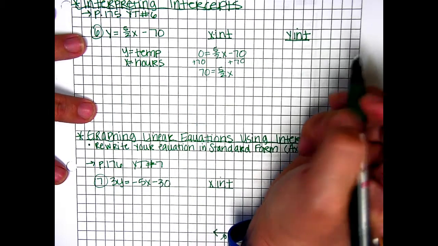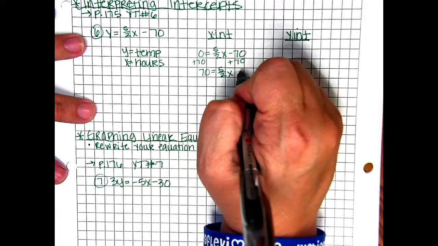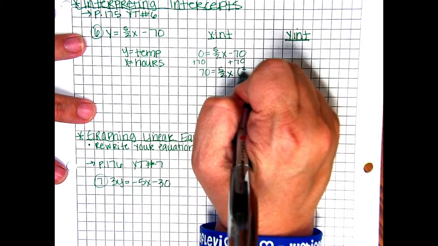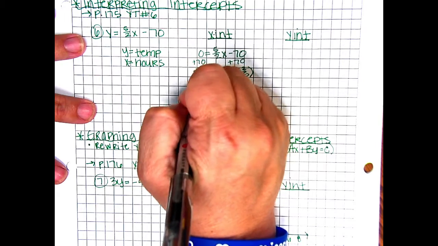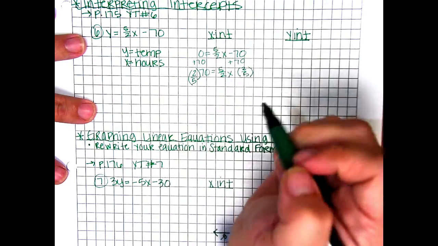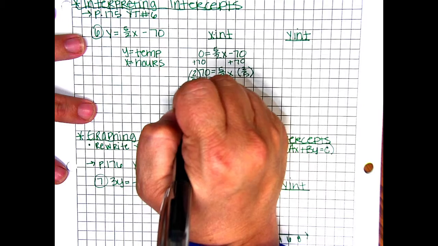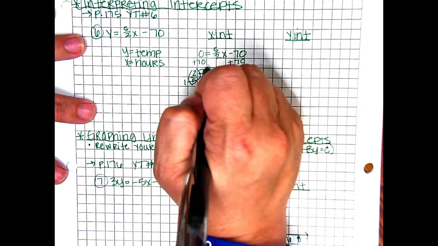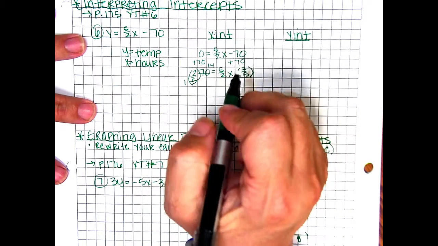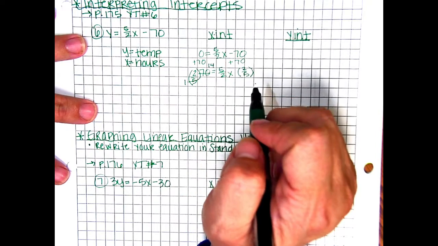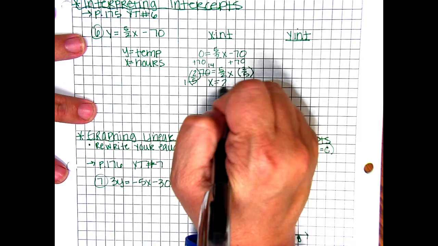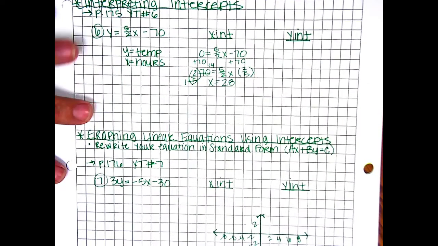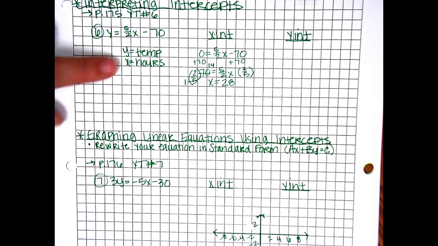To get rid of the 5 halves, I'm going to use the reciprocal and multiply both sides by 2/5. Cross cancel before I multiply, so that becomes 1, and that's 14. So x equals 28.